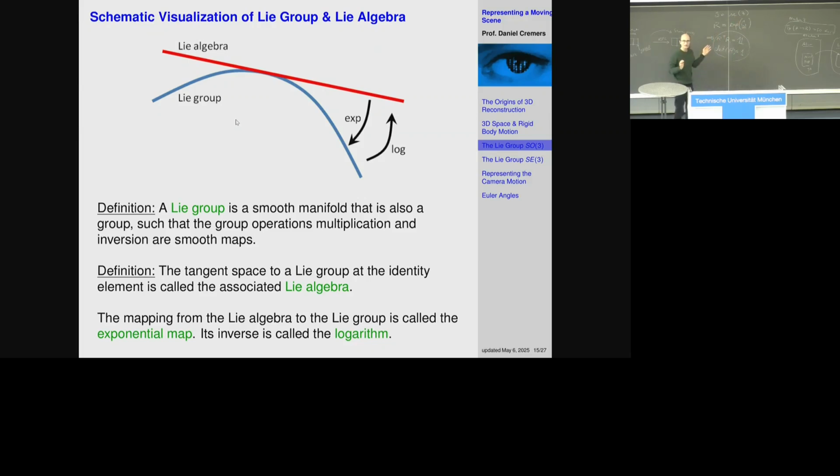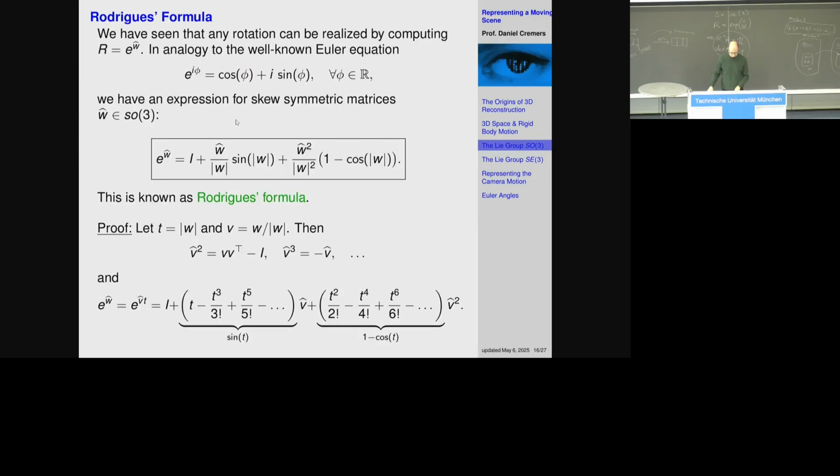It can be any skew-symmetric matrix that has these three parameters that make up the skew-symmetric matrix. And then the rotation matrix is the exponentiation of this skew-symmetric matrix. And that way I have an unconstrained optimization problem that is typically much easier to work with.